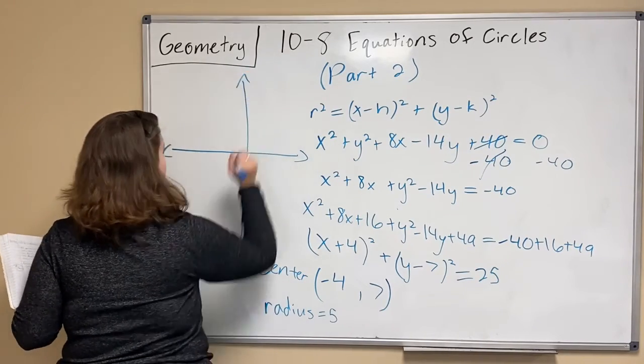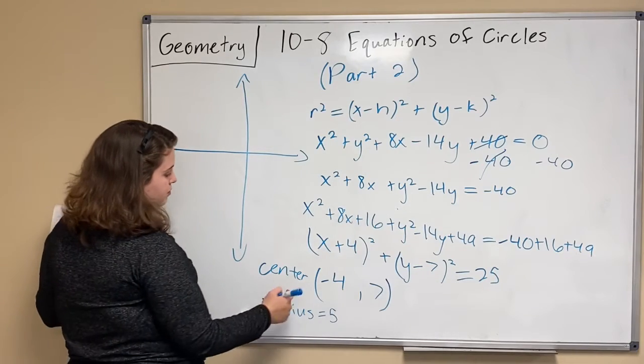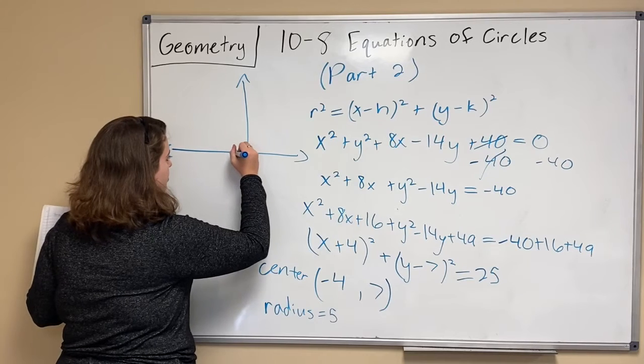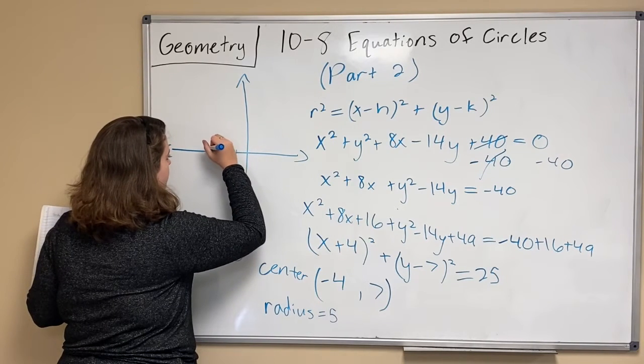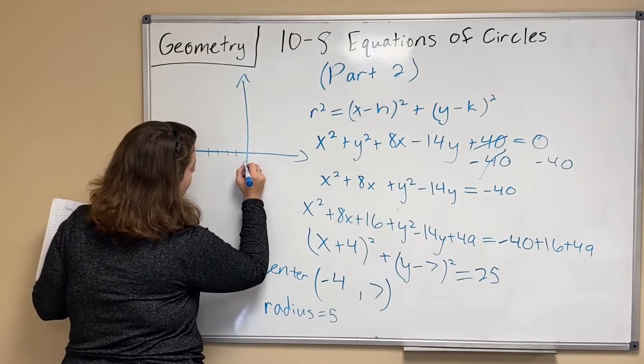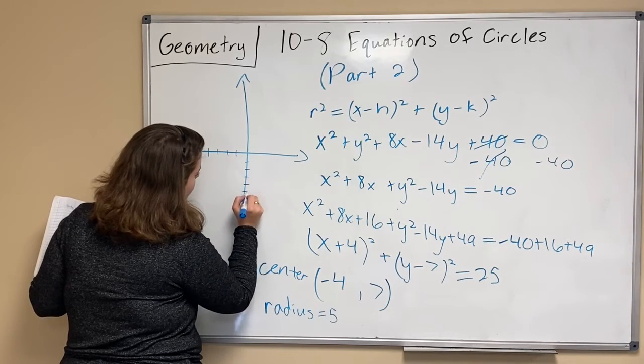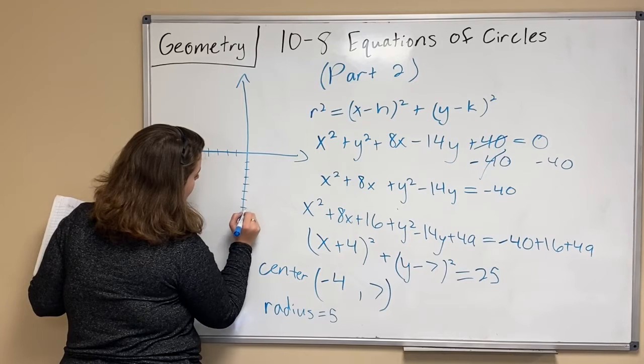Okay, so I'm going to start by plotting my center point, which is negative 4, 7. So I'm going to count over to 1, 2, 3, 4, and down to 7. 1, 2, 3, 5, 6, 7.